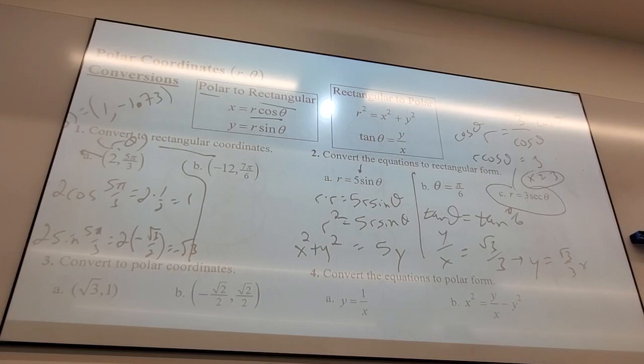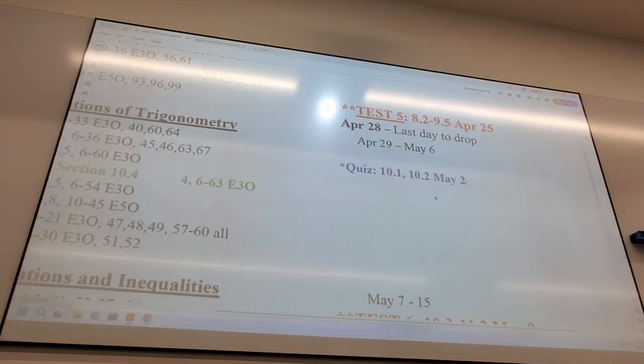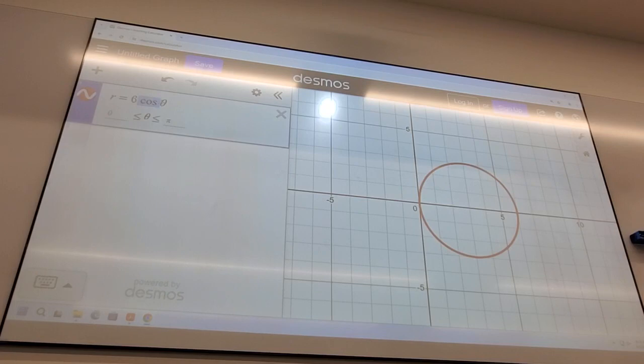So that first one, 2a. This should be a circle that's been shifted, because if I subtract that over and complete the squares, so if I graph r equals 5 sine theta, it should look like a circle that's been shifted on the y-axis. Let's make this sine real quick.